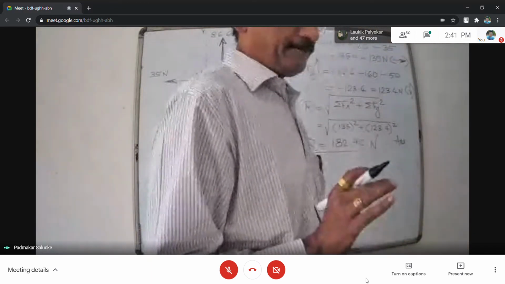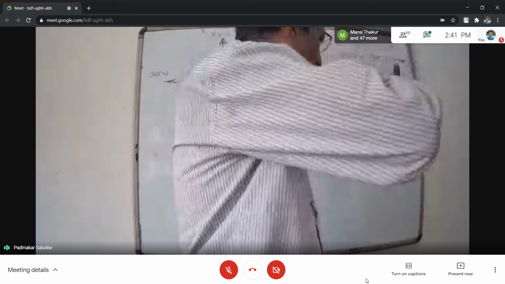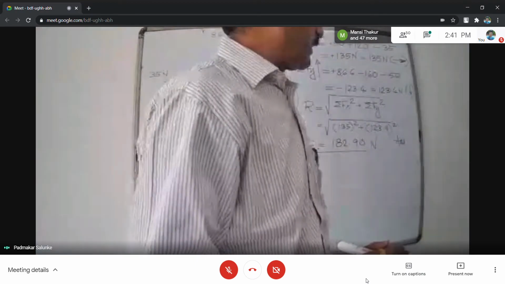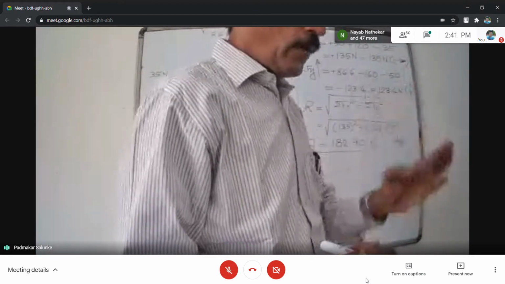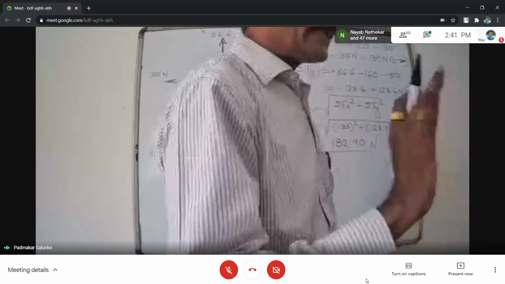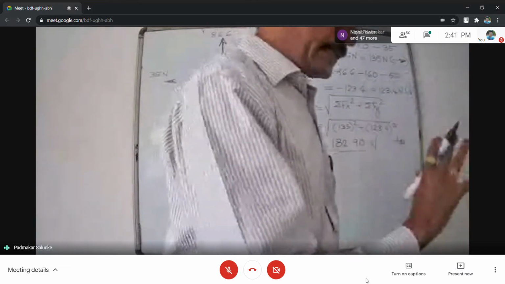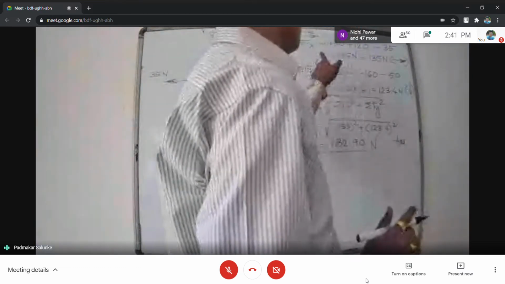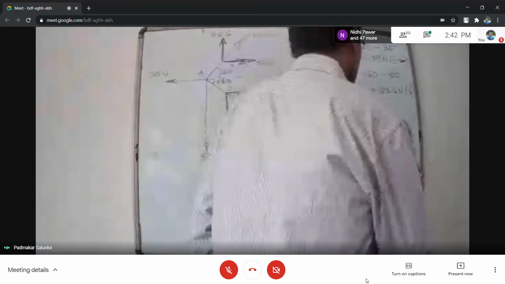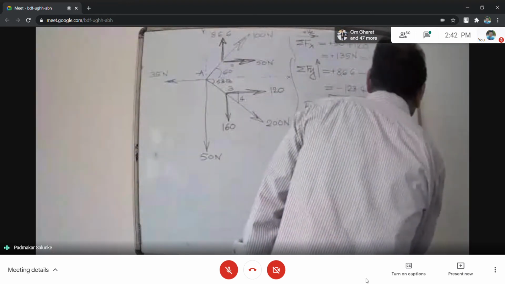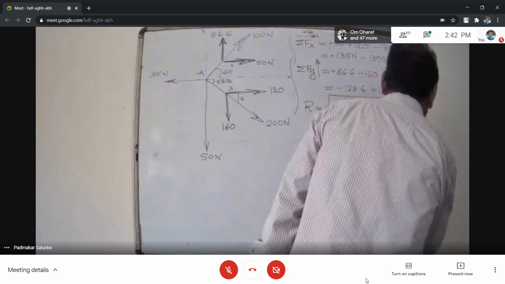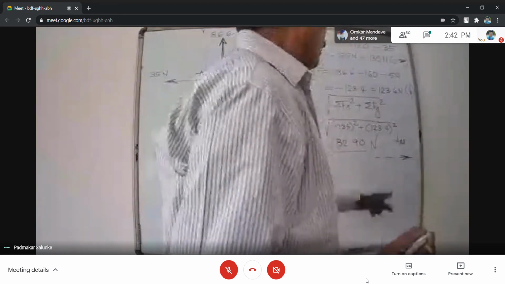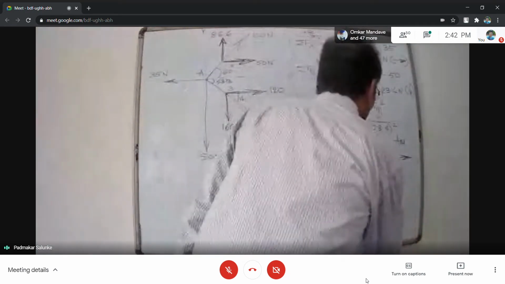Whenever you are finding the magnitude of the resultant, along with that, it is advisable to draw one sketch. What is the meaning of sketch? That also I will explain. X component is to the right, so mark one arrow to the right. Y component is downward.